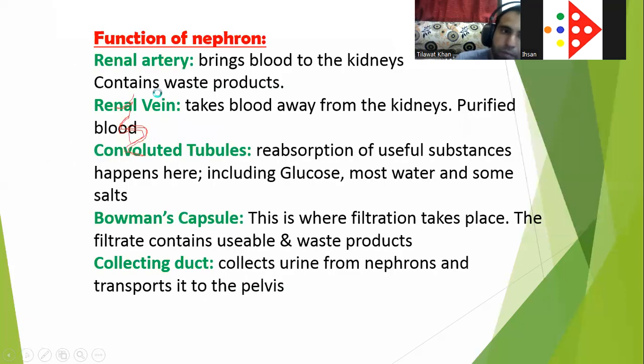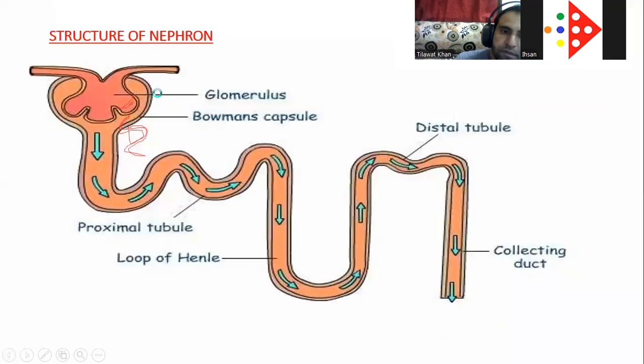Let's go back. You can see this is the proximal convoluted tubule, right? So in this region, what happens? The beneficial materials, like glucose and amino acids, are reabsorbed: selective reabsorption.